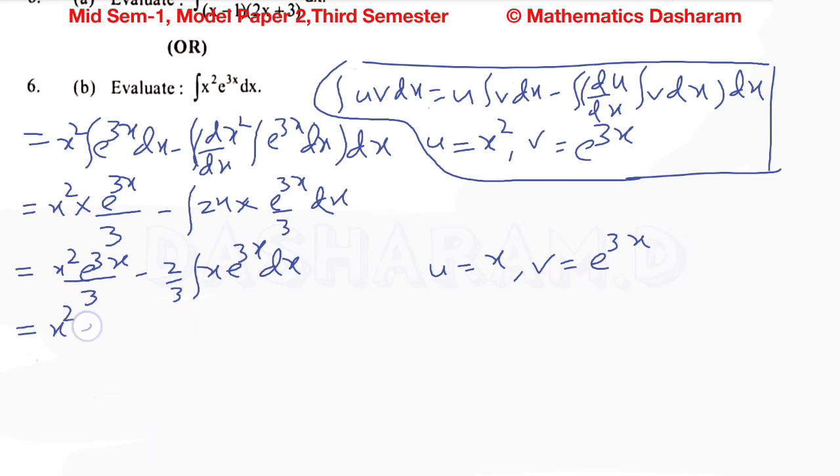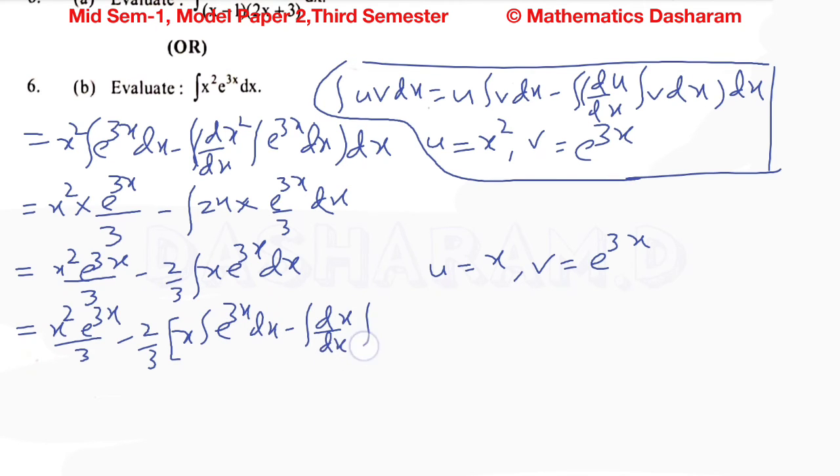So x square into e power 3x divided by 3 minus 2 by 3 bracket of, here u value x, integration of e power 3x dx, minus integration of d by dx of x into integration of e power 3x dx, whole dx.